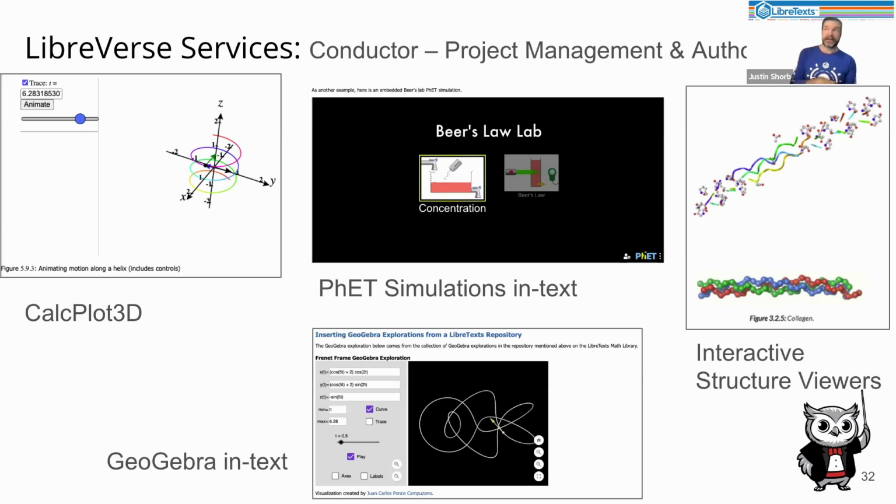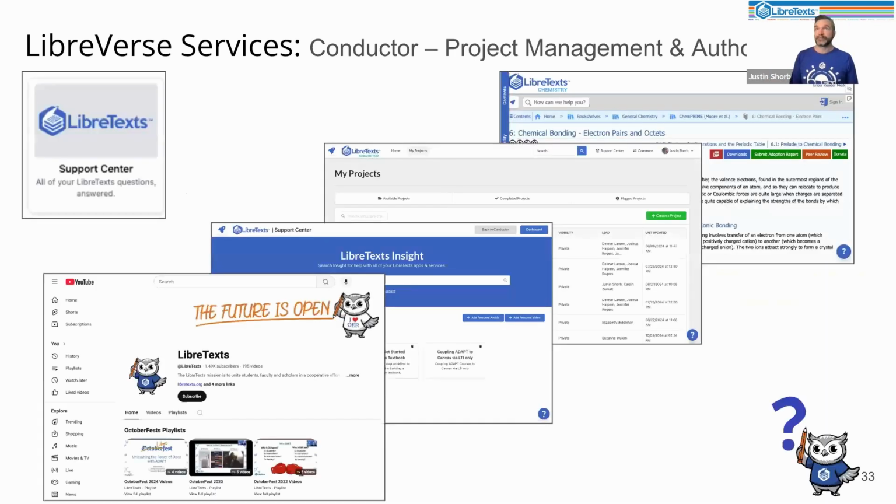You can do protein data bank structures and add those in that are rotatable, and you can zoom in and have students investigate things, and GeoGebra types of infrastructures. We have molecule structure builders and viewers in the homework system as well as in the textbooks. And those are all things that we have basically had faculty request that they would love to see, and then we worked our best to work with them to build those things.